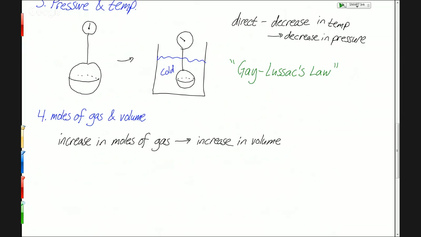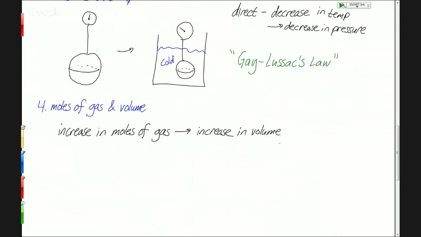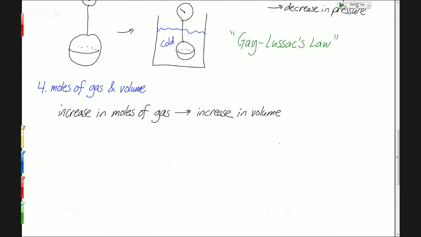But there's something a little bit tricky going on here, because we're only counting by moles of gas, not the mass of gas, which means it has to do with how many particles of gas there are, not how much gas in a mass sense. Take a look at this example.